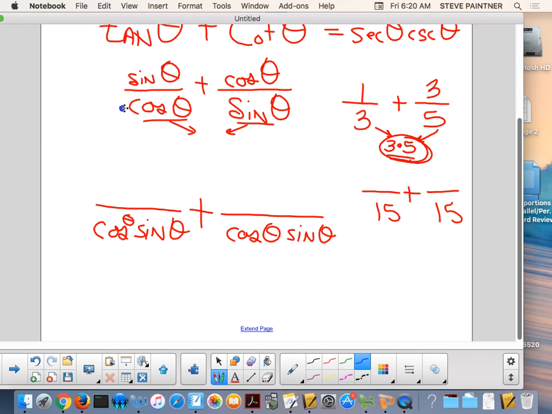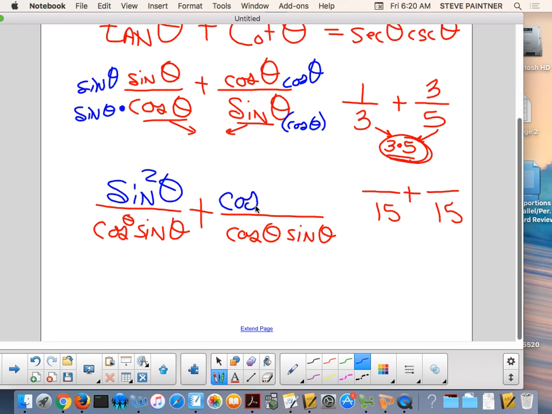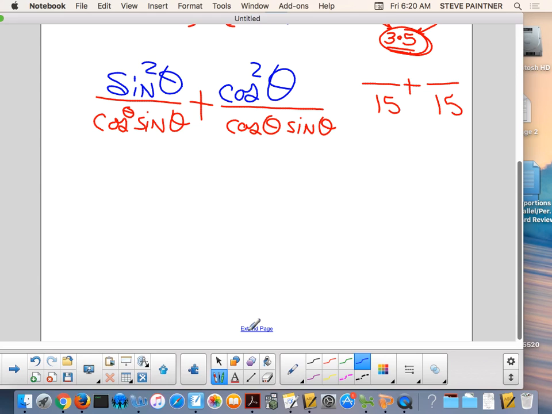Well, to turn the bottom into cosine sine, you'd have to multiply by sine of theta, and there the top becomes sine squared. The bottom multiplied by cosine of theta, and the top becomes cosine squared.